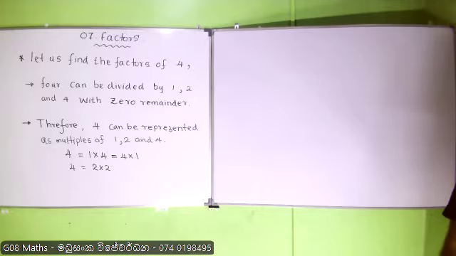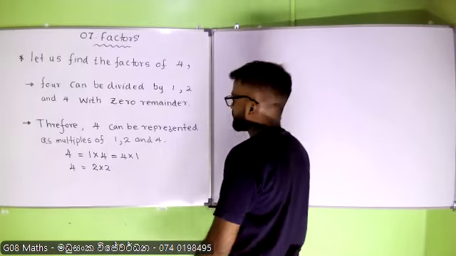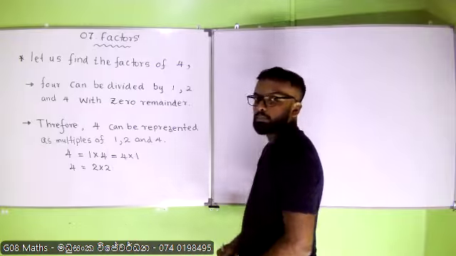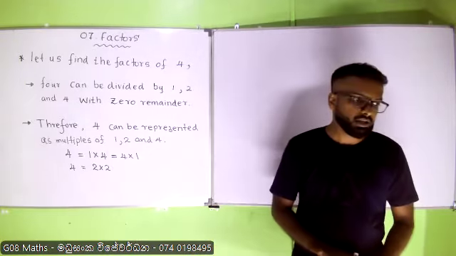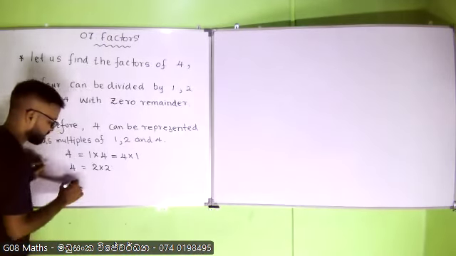Okay, now we are going to do some examples. This part is easy. You have to represent it as multiples. Please mention the factors. Then finally you can write the factors of 4, if you want.